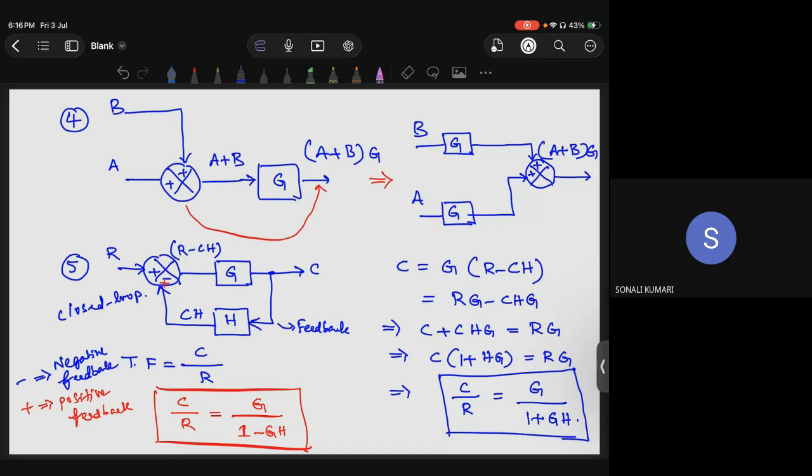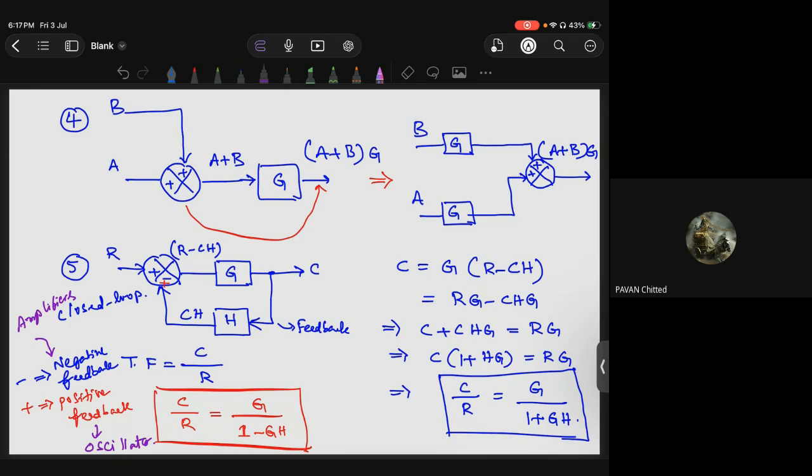So what are the examples? Can anybody tell me any example? Negative feedback will be your amplifiers, and positive feedback, like hysteresis, will be oscillators. Kindly check that. Schmitt trigger, yeah.